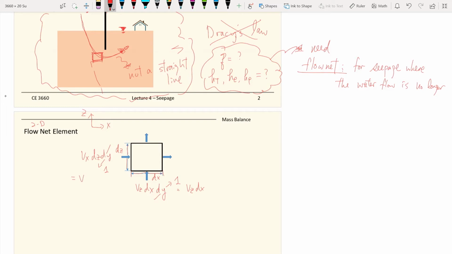Simplifying this, we have vx times dz. So this is the inflow in the x direction, and also we have the inflow in the z direction.